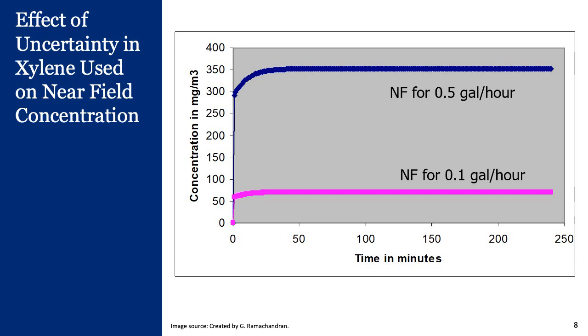How does the near field concentration change if the solvent use was 0.1 gallons per hour? We see that the concentration goes down, as you would expect. If you're using less solvent, the airborne concentration you would expect to be much less. And it does reduce by almost fivefold.